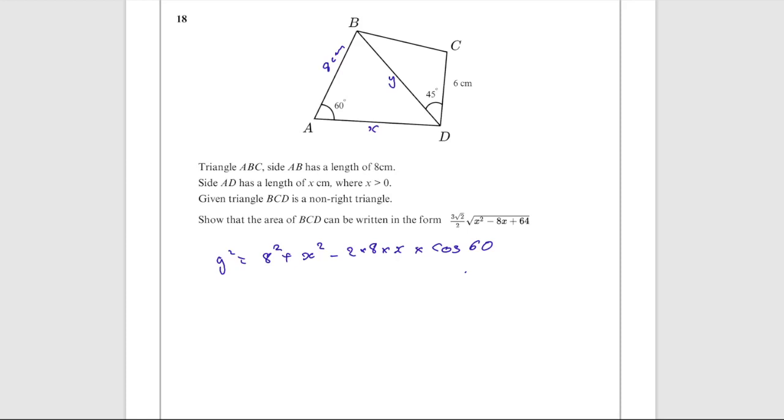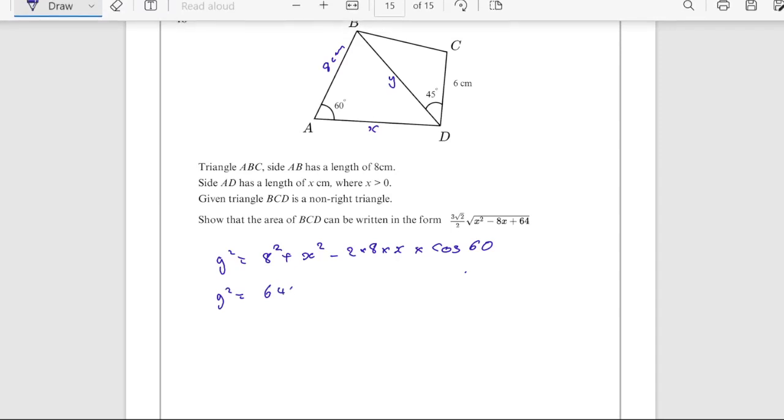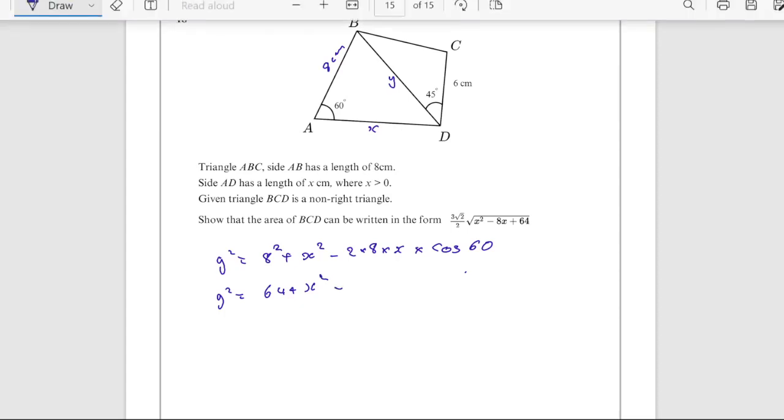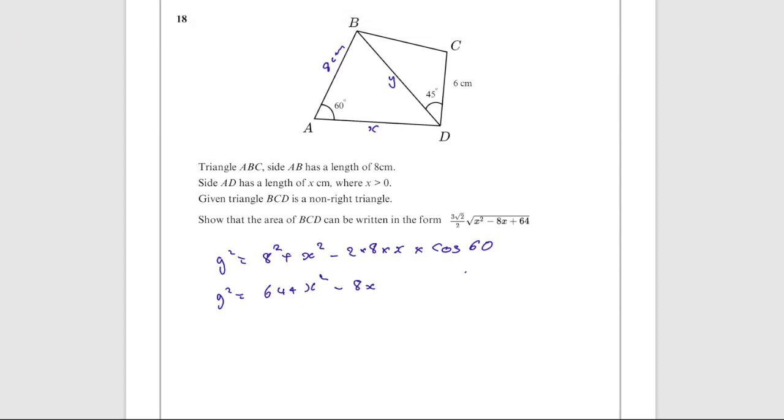It's going to be half, but we'll come back to that in a moment. So y squared is going to be equal to 64 plus x squared, and then I'll go for the half here, so the half would cancel with 2, so that would be minus 8x.